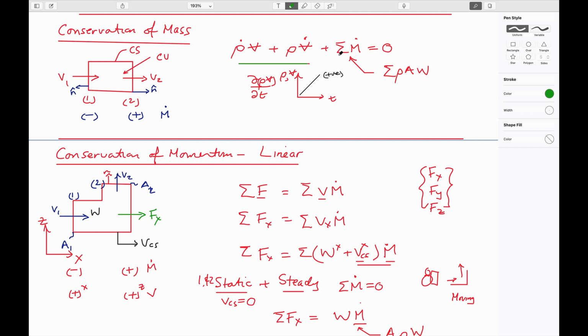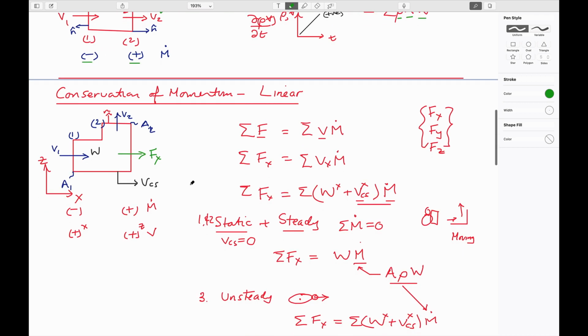And the sign convention for the mass flow rates, which is given as the density, the cross-sectional area of flow, and the velocity relative to the control surface, are given by the sign convention, where this term really includes a dot product, and that dot product means that mass flow rates out are positive, so V2 would be positive, and mass flow rates in are negative because they're in the opposite directions of the unit normals. So this is always the sign convention you have to remember for conservation of mass.